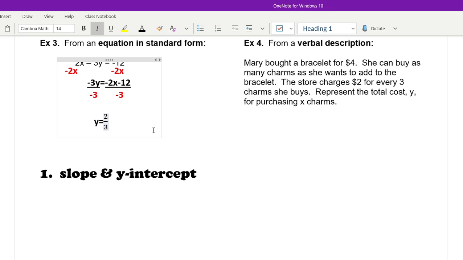So now it is a positive 2/3. Let's get the font the same look. And this is in terms of x.